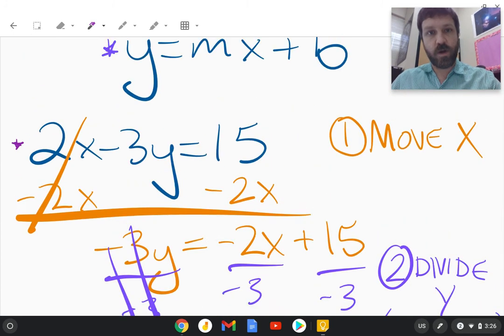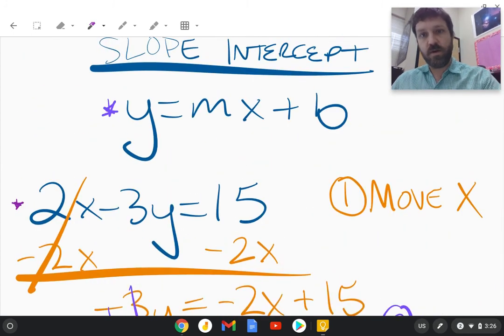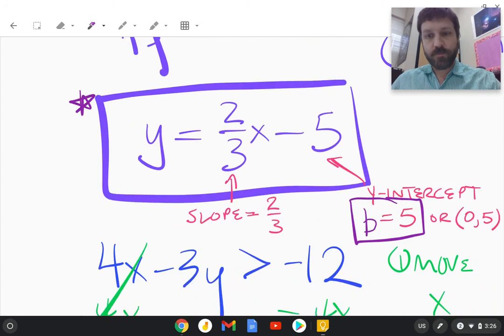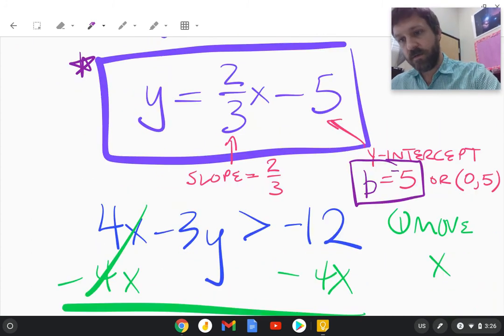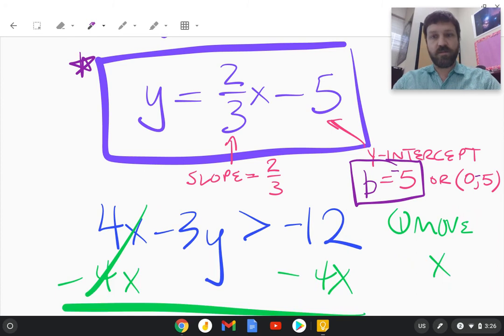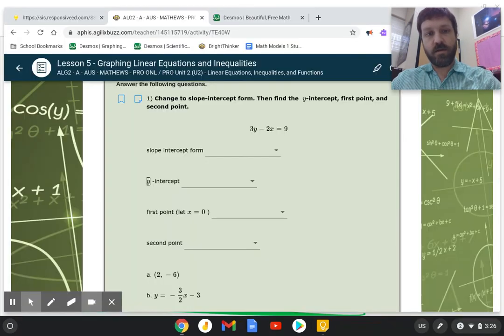Remember, the formula is y equals mx plus b. So you need to identify the b value. In this case, b would equal -5. I made a mistake on this, as you can see. So -5 would be the b value here, and that's what you would put in the second part. So slope-intercept form, then you find the y-intercept.